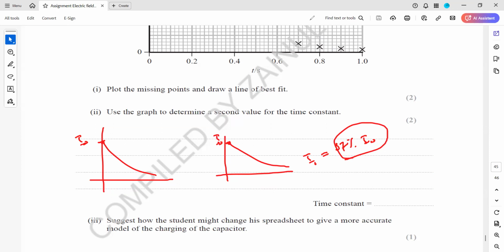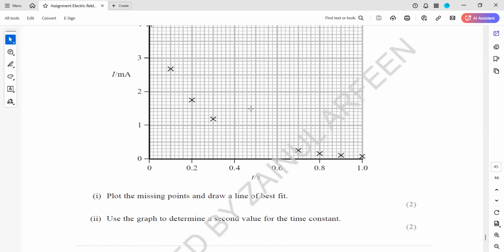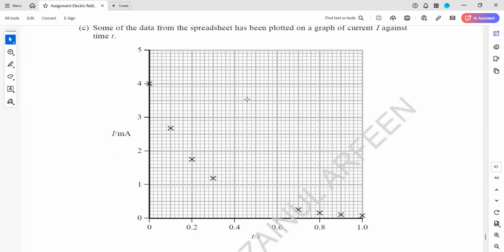So how can we figure out the time constant from our graph? The maximum value is 4 milliampere. Leave the milli, just take 4. Then we work out 37% of 4.